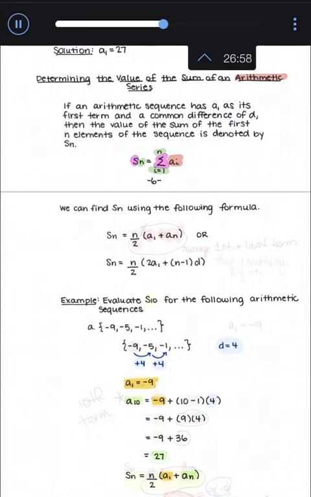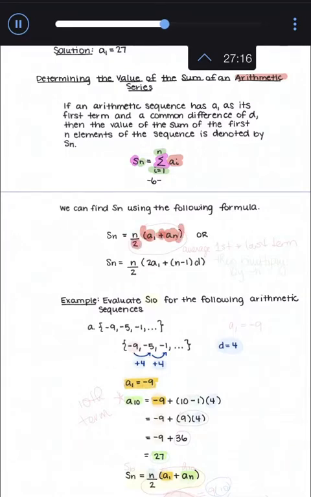And what the formula says, if we reorganize it, is to take the first value, A sub 1, and the last value, A sub n, and add them up and divide by 2.